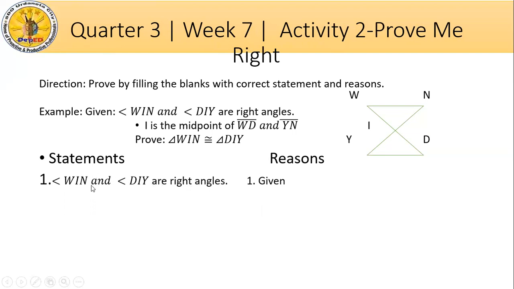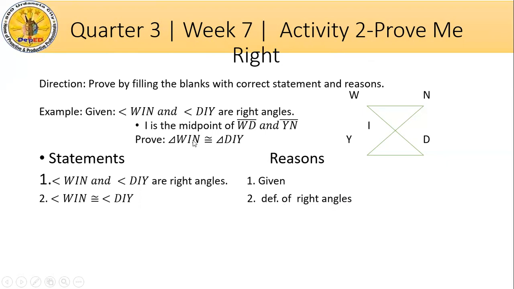What is your conclusion about this? What if angle WIN and angle DIY are right? So you are going to write, therefore, angle WIN is congruent to angle DIY. Why? Because of the definition of right angles. All right angles are congruent.